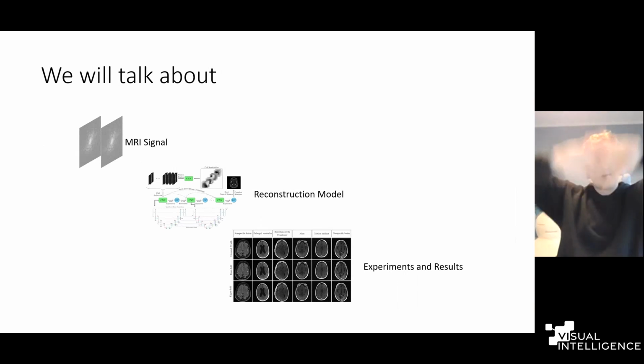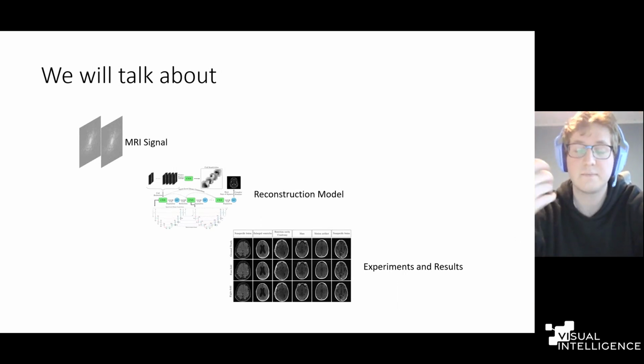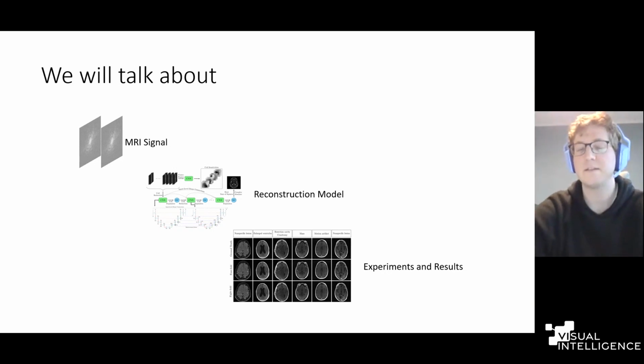And today we'll talk first about the MRI signal, so I can give everyone a general basis of what we need to know. We'll talk about the actual sampled signal during the scan, how we manipulate it, what kind of transformations we do, and similar things.